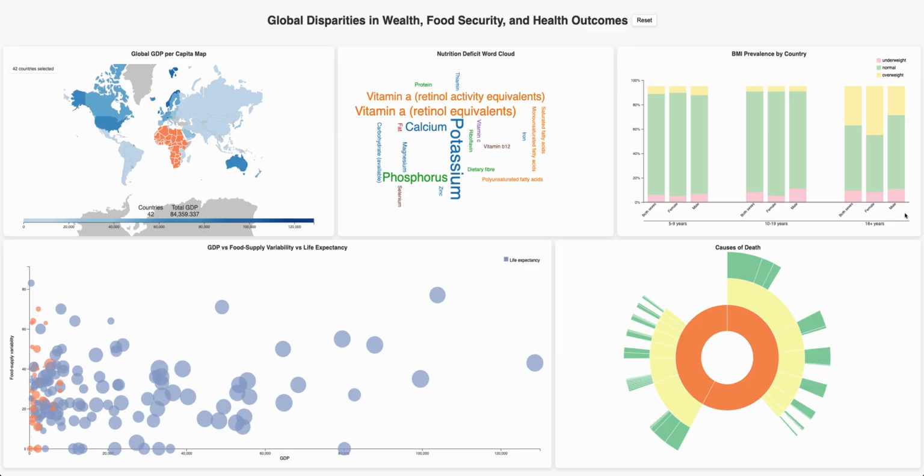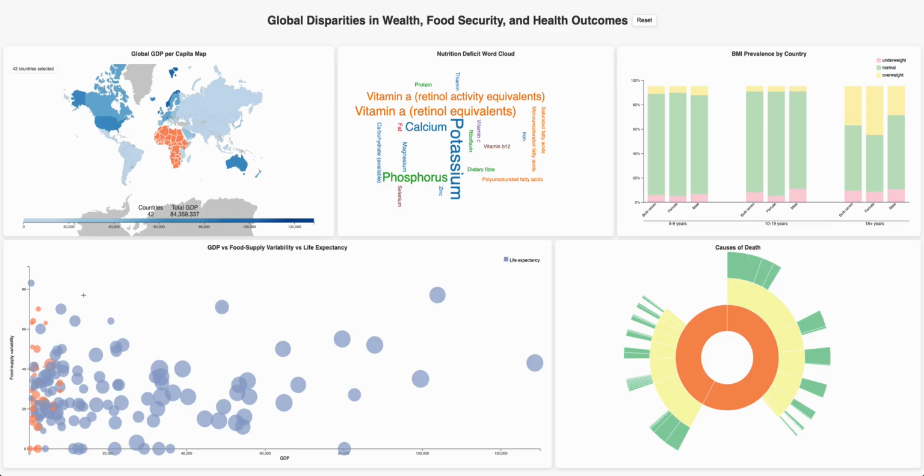African bubbles cluster at very low GDP with a wide range of food supply variability, indicating food insecurity, and the bubbles are very small, reflecting low life expectancy.